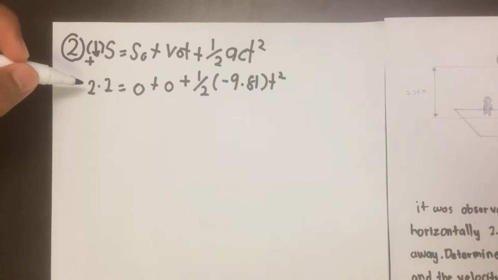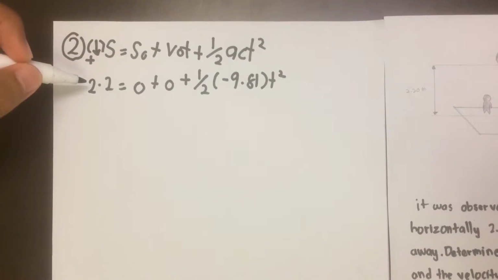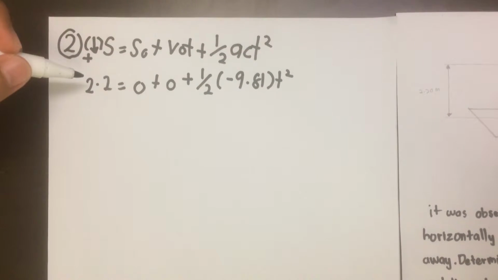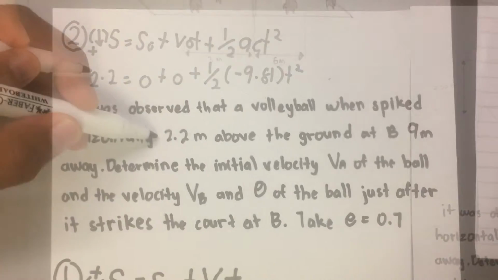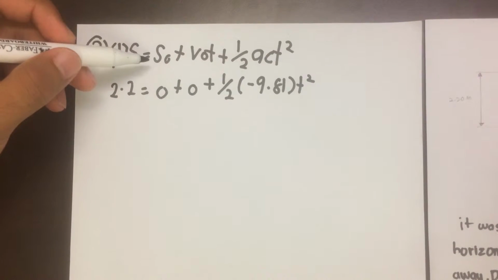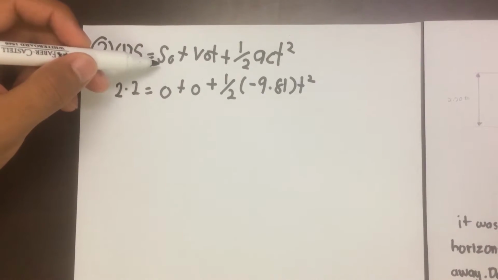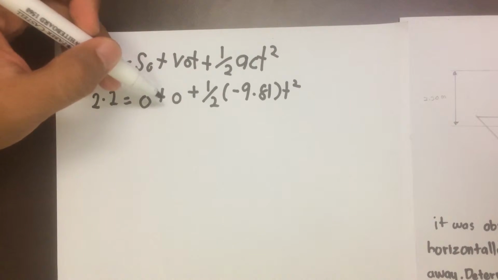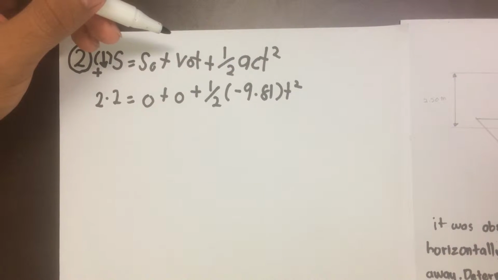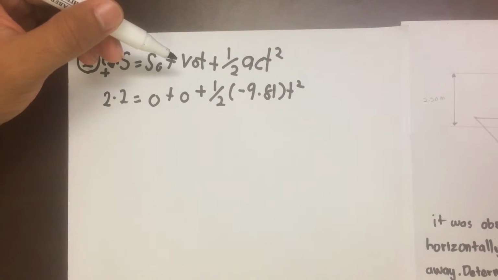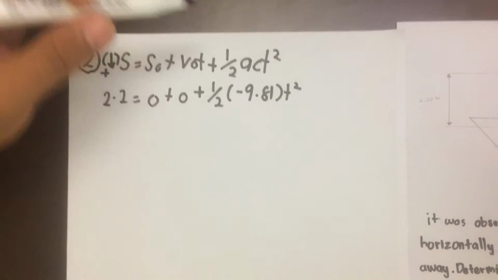The overall distance for the collision is 2.2, using the information stated in the question, equal to the initial distance 0 plus V0T, which is 0 because VA is in the horizontal condition.